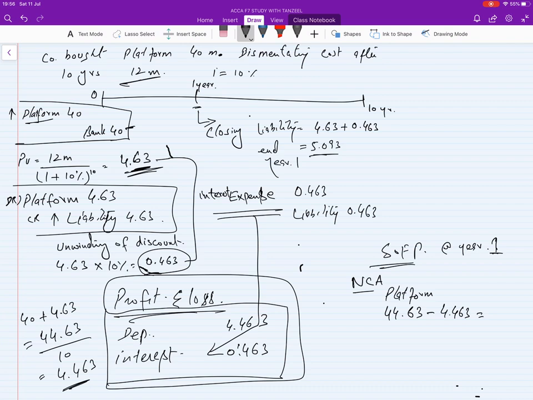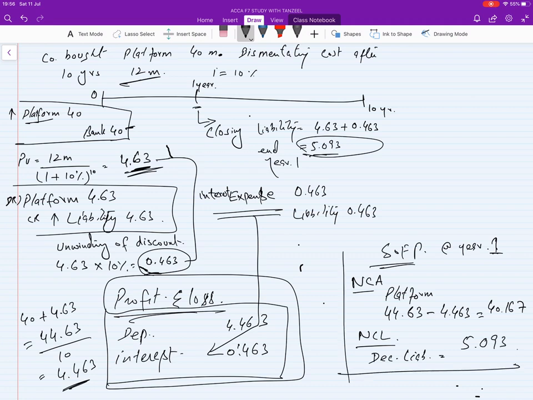The SOFP side platform will be 40.167. And on non-current liabilities you will have this decommissioning liability. How much? This 5.093. So this will go to SOFP and this will go to profit and loss.